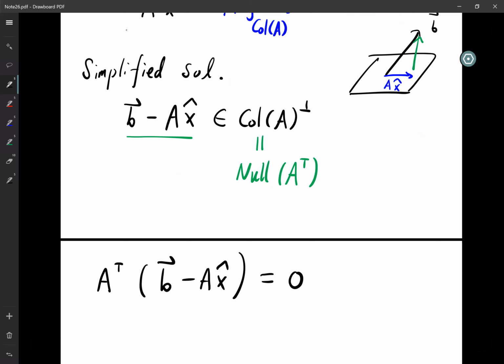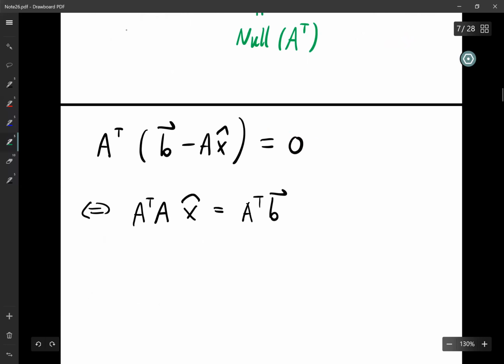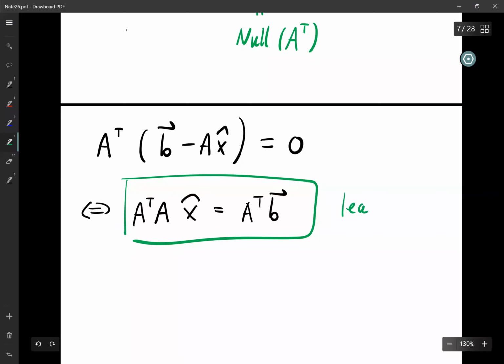Now I just rearrange this equation a little bit. On the left-hand side, I have A transpose A x hat. On the right-hand side, A transpose b. So this should also give me the solution to the least squares problem. And this equation is called the normal equation.